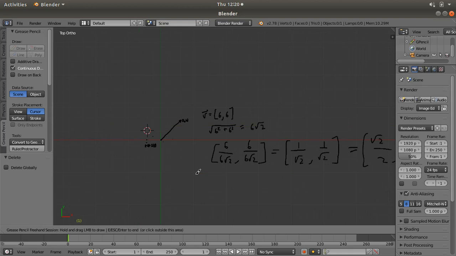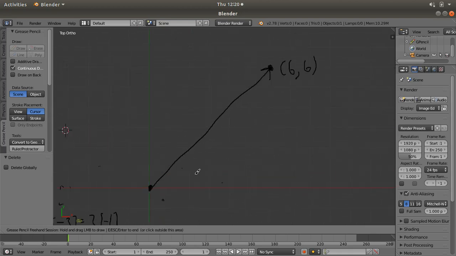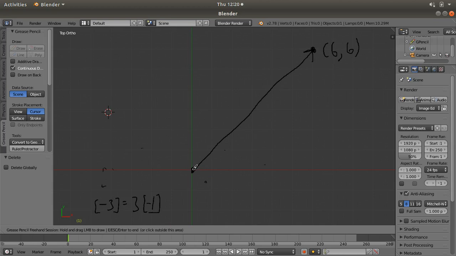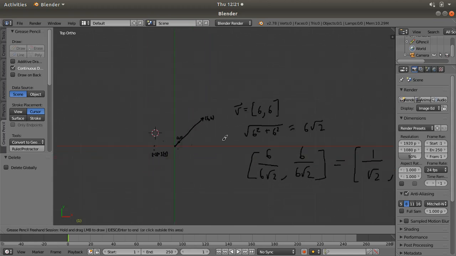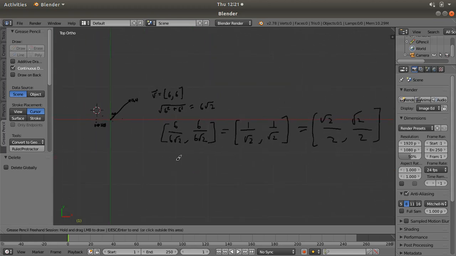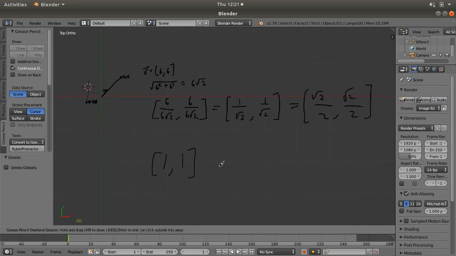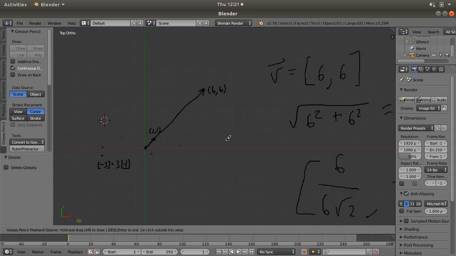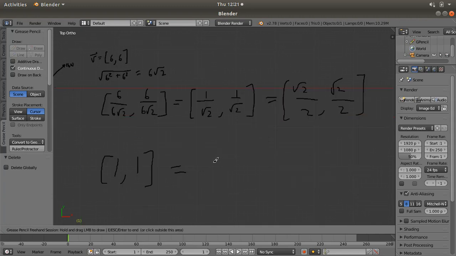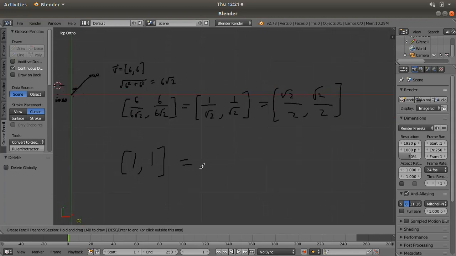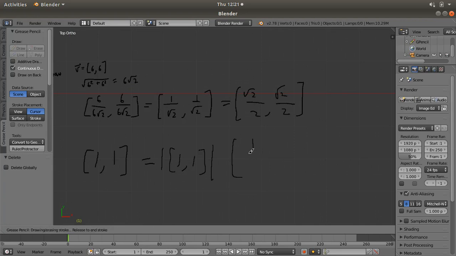So if I had another vector that was in the same direction, say it points to 1, 1. Then I have the vector 1, 1. And it has the same direction. So it's equal to some magnitude times the direction vector 1 over root 2, 1 over root 2.